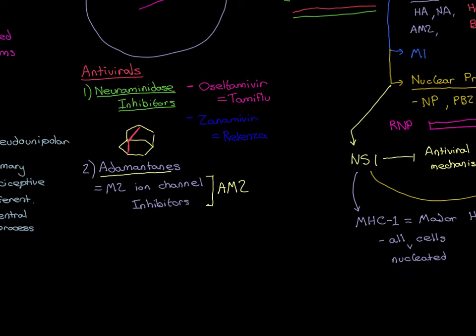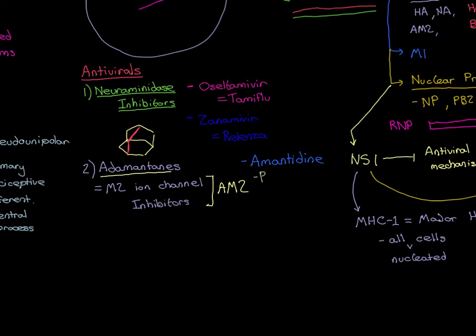So, these drugs are going to be adamantanes. Their structure is just going to be this core structure with a little bit of a modification. So let me give you the 2 examples of these then. So the 2 examples are amantadine and rimantadine. So here is amantadine's name written out, and then the other example, and I'll have it in another colour, lime green.